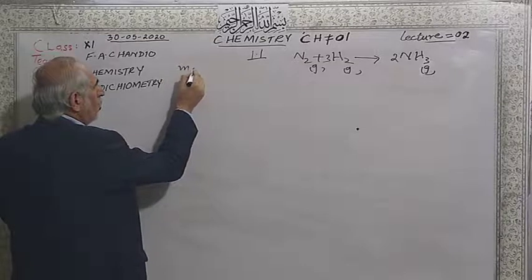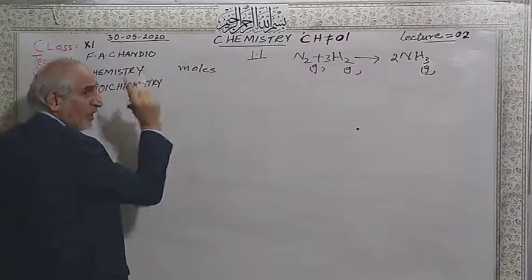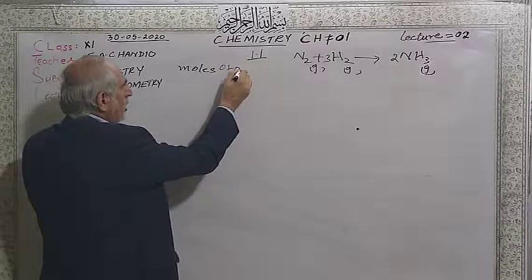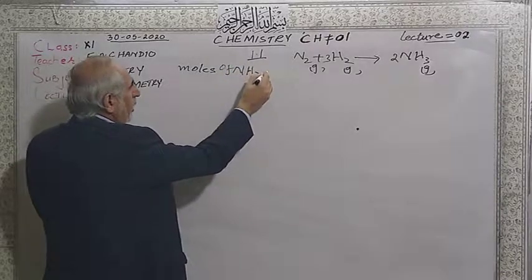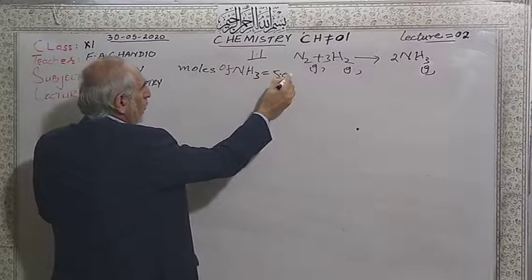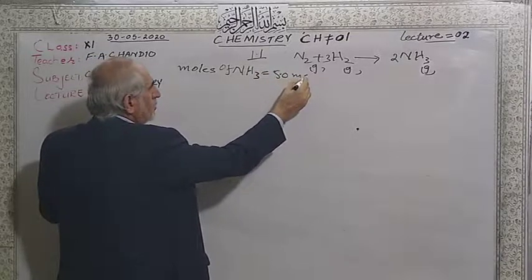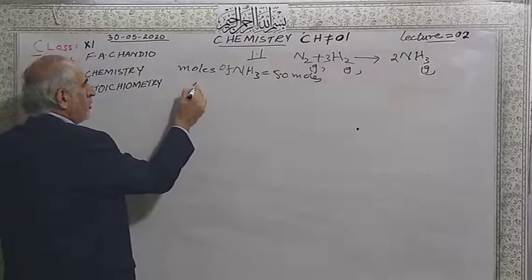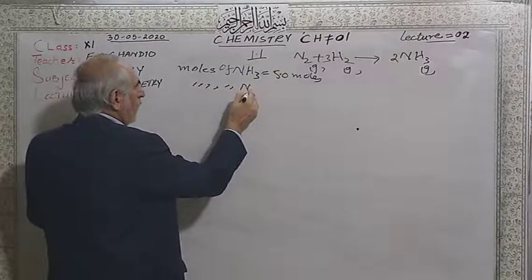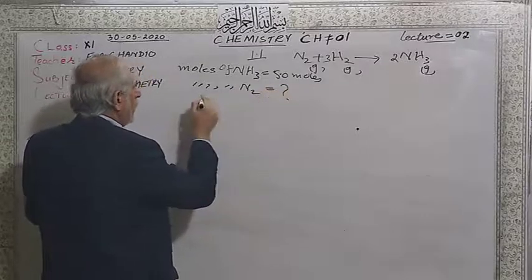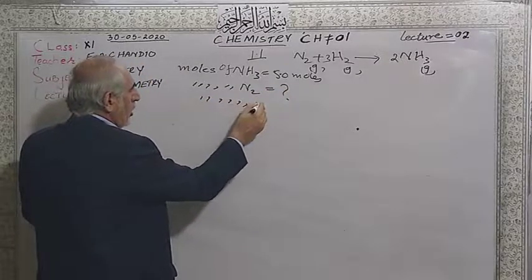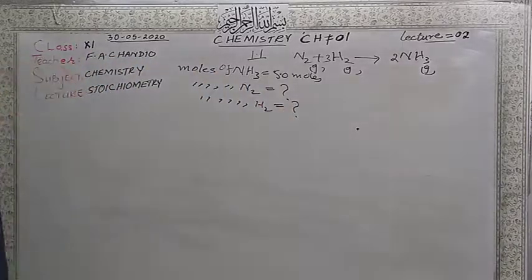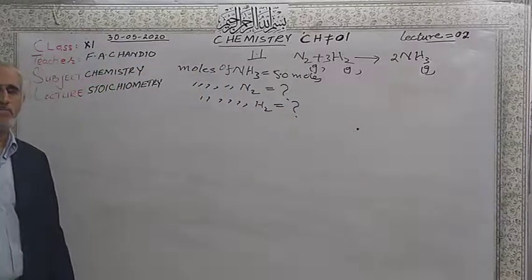So the given quantity is moles of ammonia, 5 moles. This is given. And the moles of nitrogen and moles of hydrogen are the same pattern.